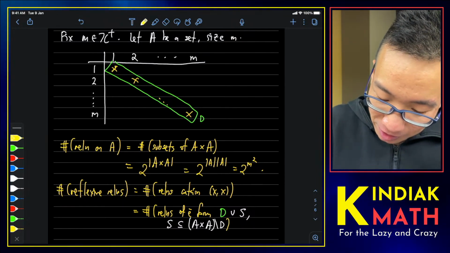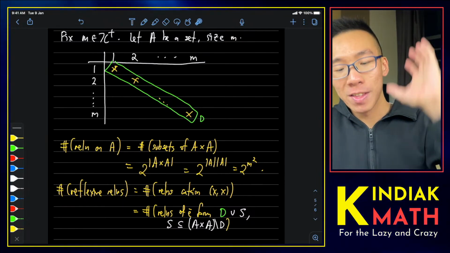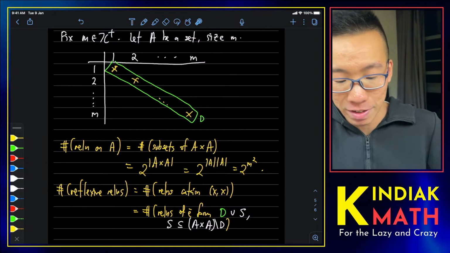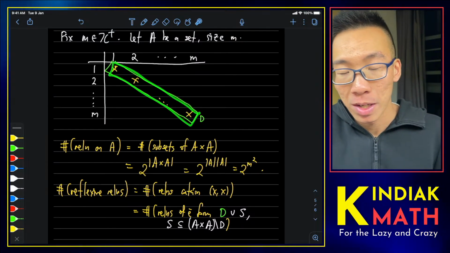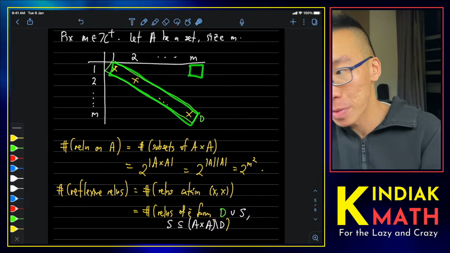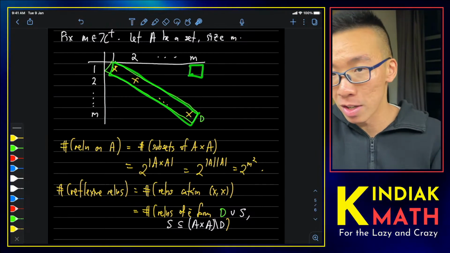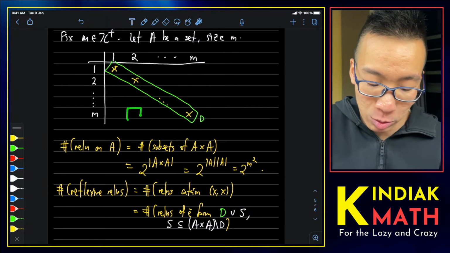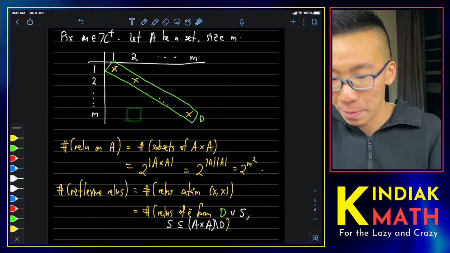So I want to reiterate here. The reason why we're writing it this way is because every relation that is reflexive must contain the diagonal. It may contain the connection 1 to m. It may not. It may contain the connection m to 2. It may not. We don't really care.